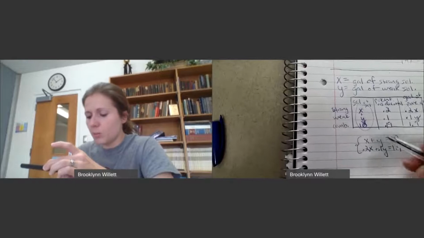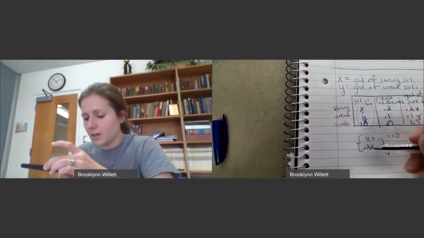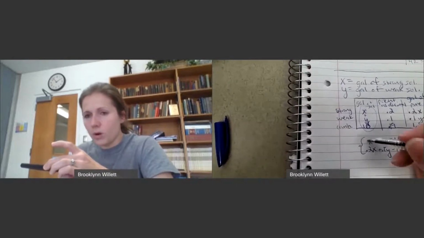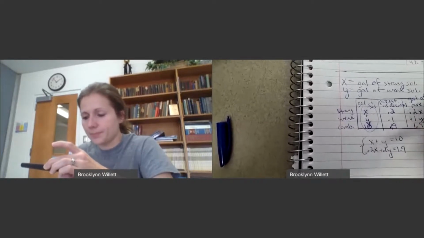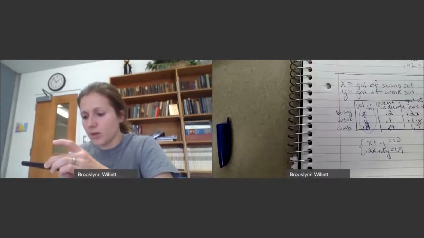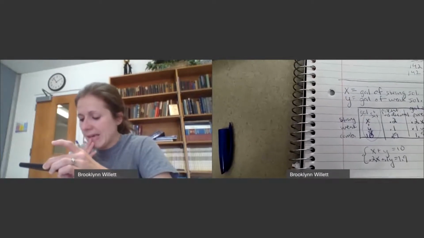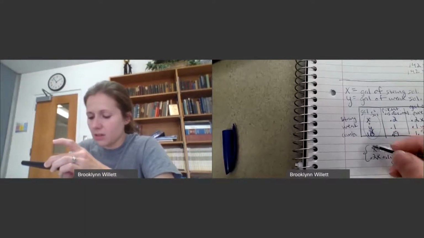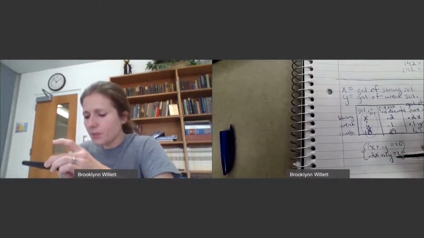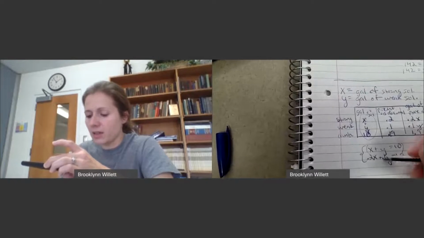Elimination is where we find one of the variables and try to get their coefficients to be the same value but with opposite signs. It really doesn't matter which, but I'm going to definitely use this top equation, and I'm going to eliminate my y's.